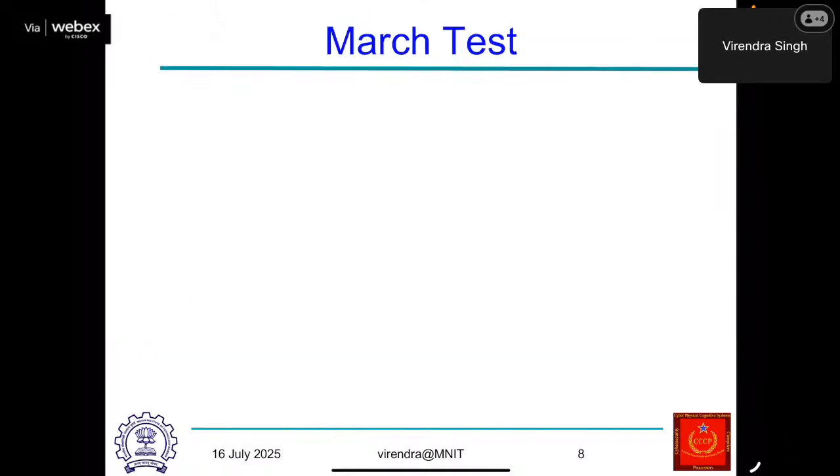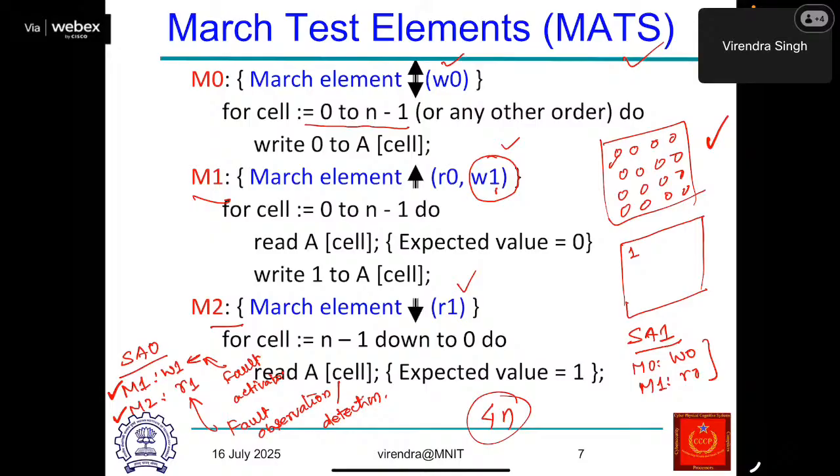So this particular test can cover all stuck at faults and some transition faults. So this is the coverage of this.